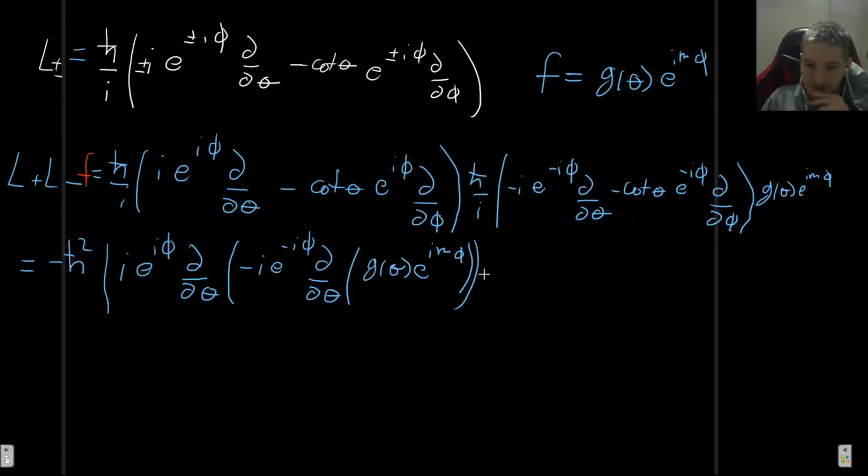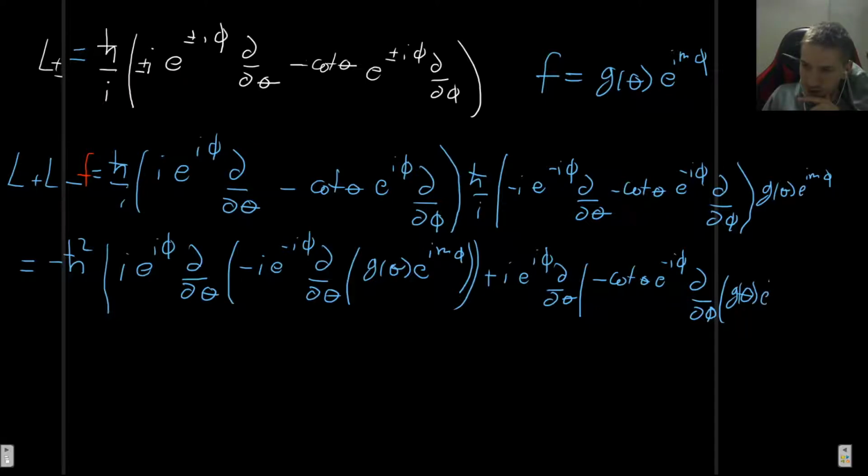Now the second one is going to be this acting on the second one right here. So we're going to have i e to the i phi, so plus i e to the i phi d theta, and this thing right here, so minus cotangent of theta e to the minus i phi d phi, acting on g of theta e to the i m phi.